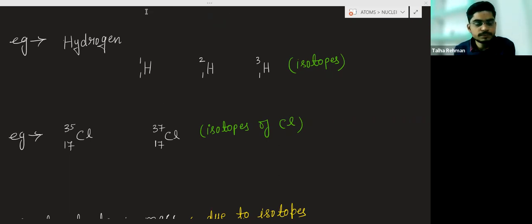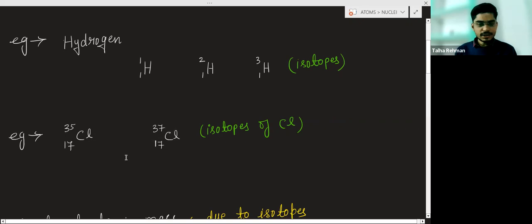So one form of chlorine will be like this, another form of chlorine will be like this. Suppose these two forms are there.